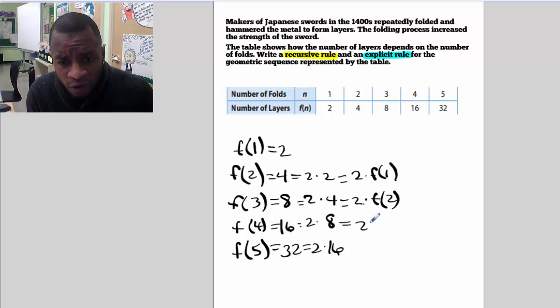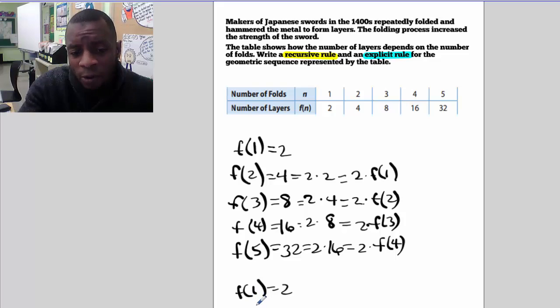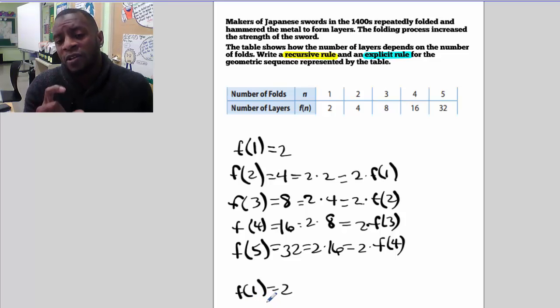And so forth. 2 times f of 3. And 2 times f of 4. All right, so if we wanted to write a recursive rule, we're always going to start with our first term, f of 1 equal to 2. And then we want to express how we get to each consecutive term.